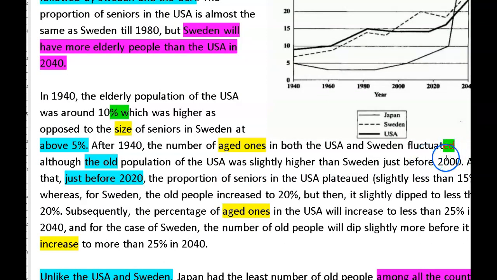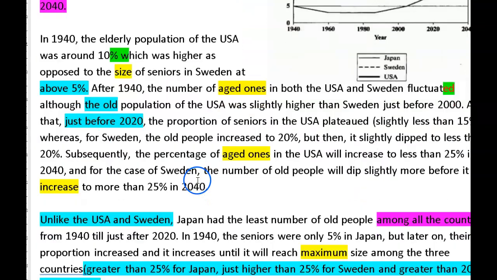Oh, we need a comma in there. After 1940, both USA and Sweden fluctuated, comma, although the old population, you mean the previous population? Oh no, the population of USA, old population of the USA. Senior Americans outnumbered Swedish ones by percentage.